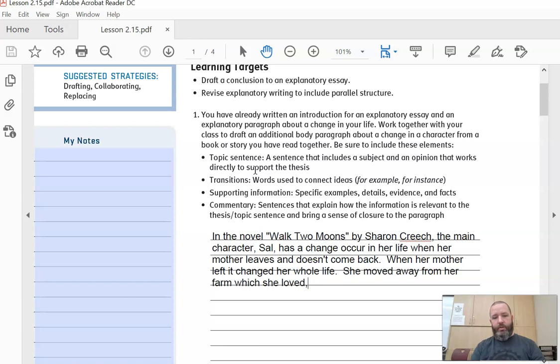She went to a new city where she didn't know anyone. After, here's a transition word, the move, she made a new friend named Phoebe. There it is.